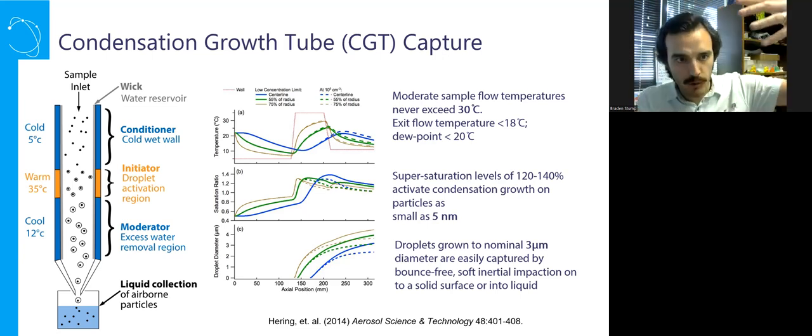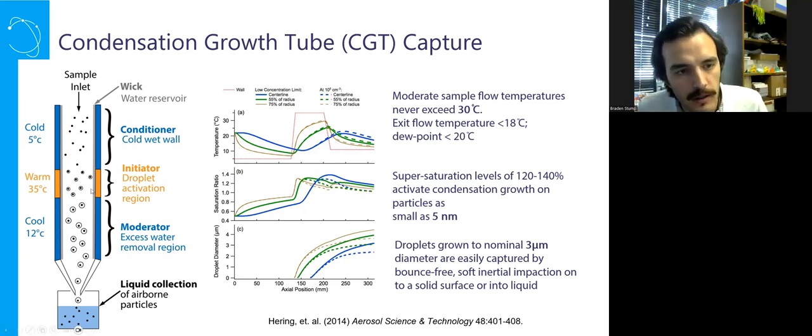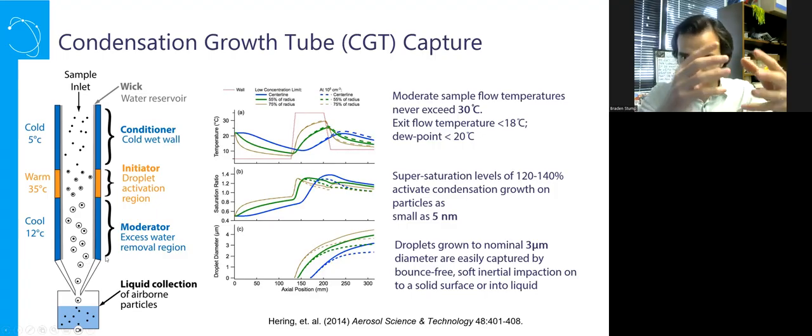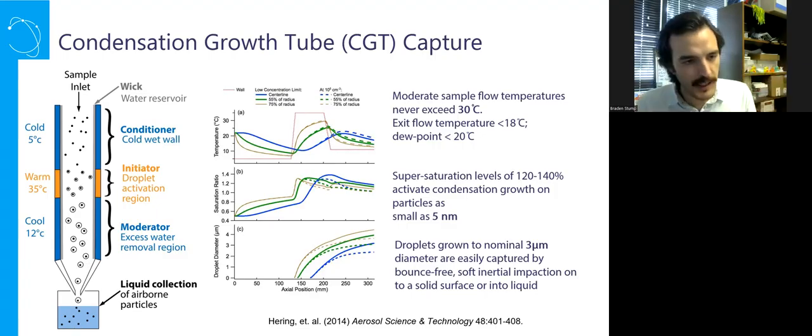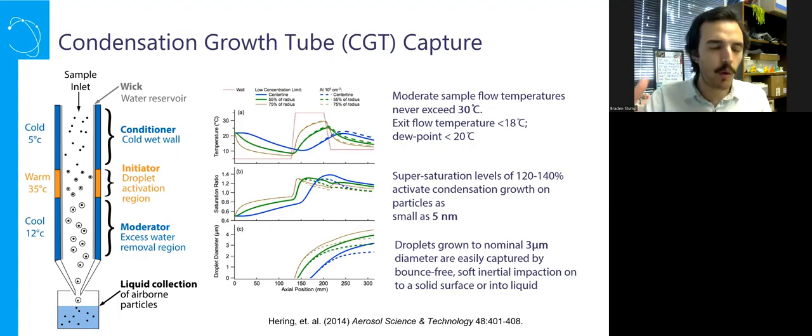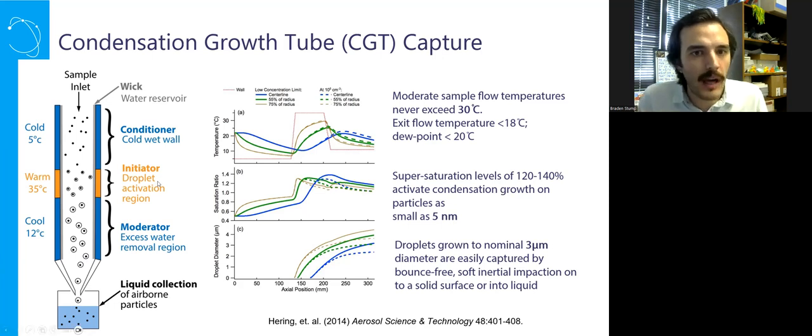And that droplet grows throughout the rest of this water condensation growth tube, forming a larger, depending on the size of the instrument, approximately 3-4 micron droplet. And that 3 to 4 micron droplet is easier to capture inertially into liquid, onto solid surfaces, onto swabs, onto SEM stubs, TEM grids, the whole shebang. So this is a method to grow and surround particles in water via effectively natural processes.